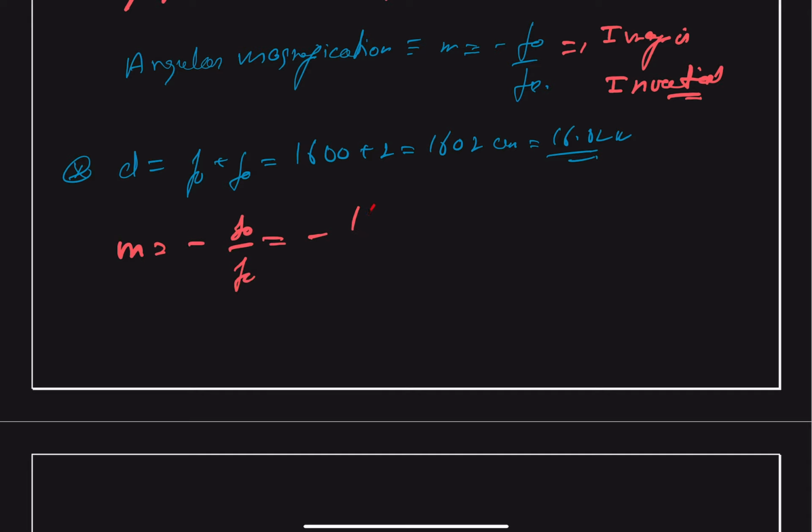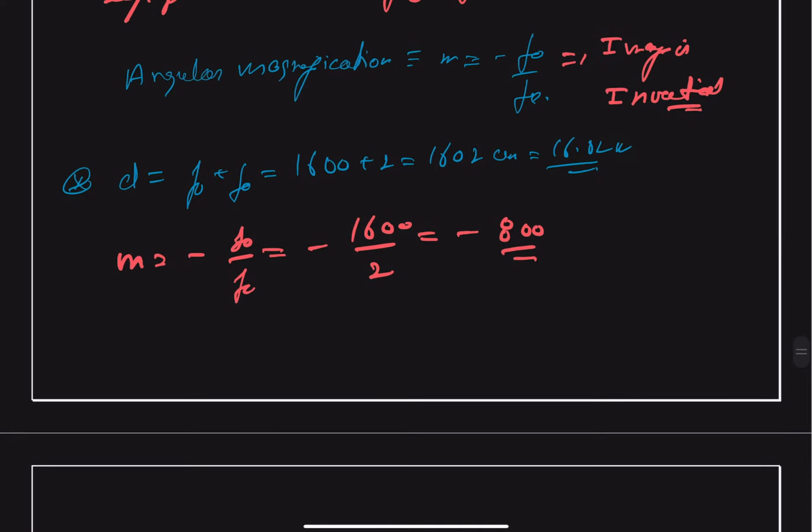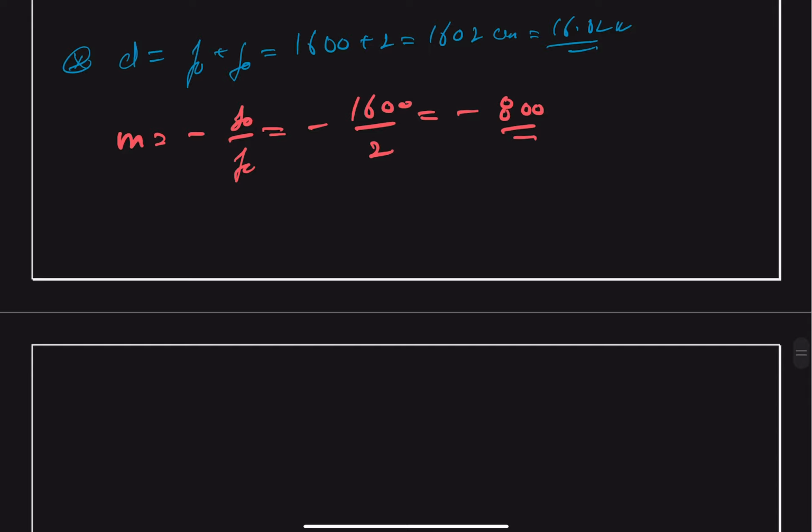This is minus 1600 by 2, giving us minus 800. And like I said, the image is inverted already. And in a telescope, the objective size is always larger as compared to the eyepiece, so as to be able to gather more light.